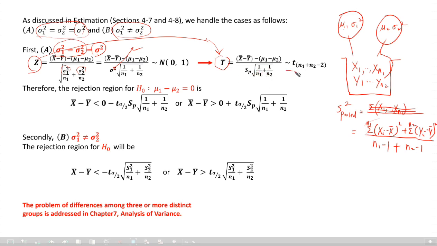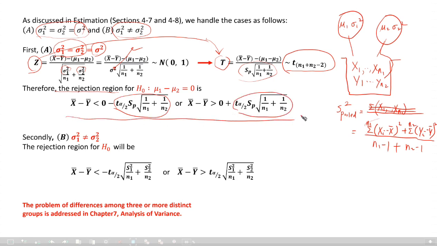That follows a T distribution with degrees of freedom n1 plus n2 minus 2. So the rejection region for H0 will be x bar minus y bar less than 0 minus T alpha over 2 times this standard error, or x bar minus y bar greater than 0 plus T alpha over 2 times the standard error, same thing. Actually, we will use this rejection region, okay?